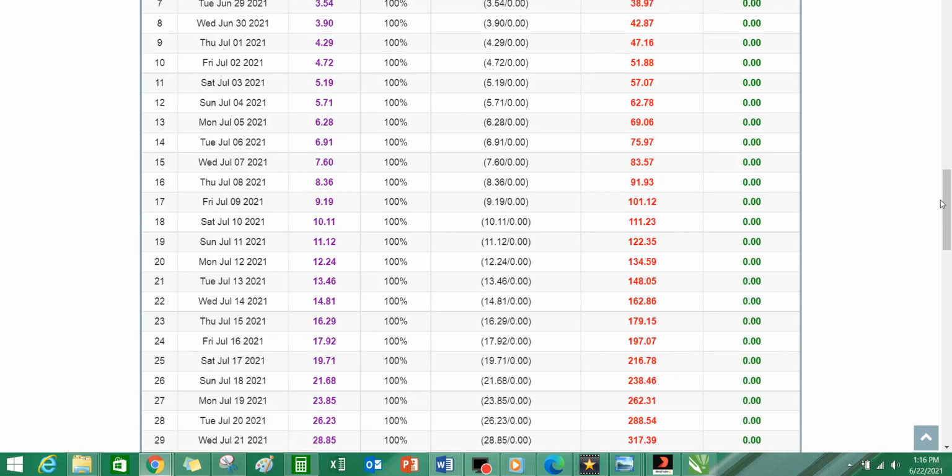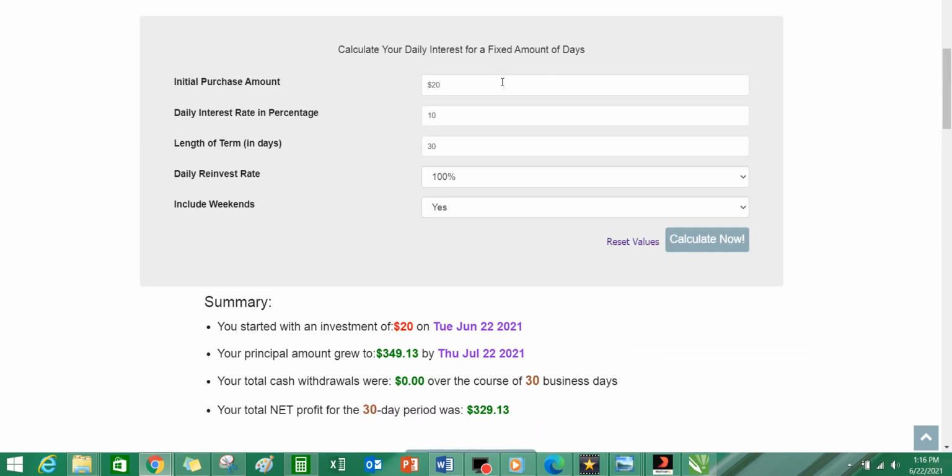So you guys can always do this over and over again, and the good thing about this is you can also use it for any capital at all. Let's say you are having $1,000 here. You just need to change this figure to $1,000 and do the calculation.